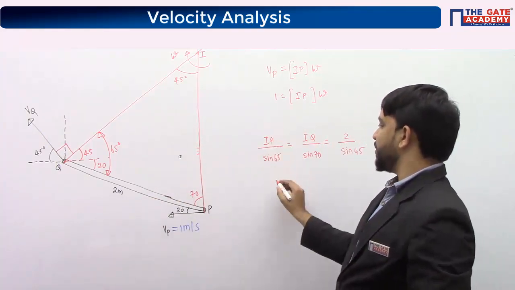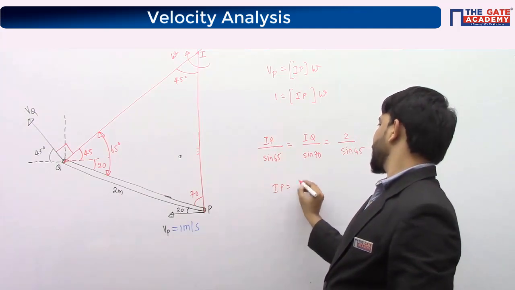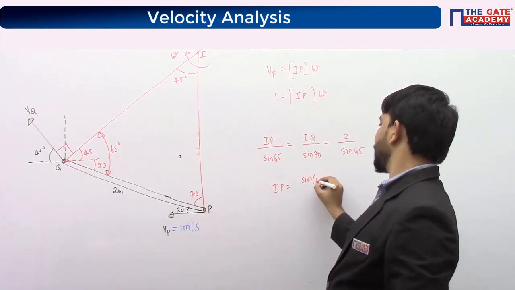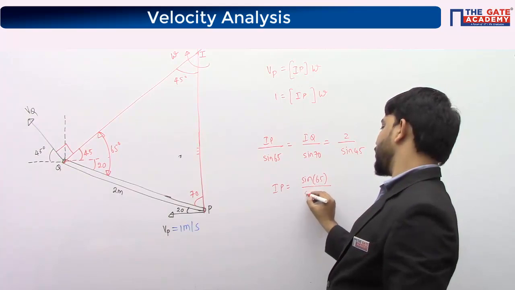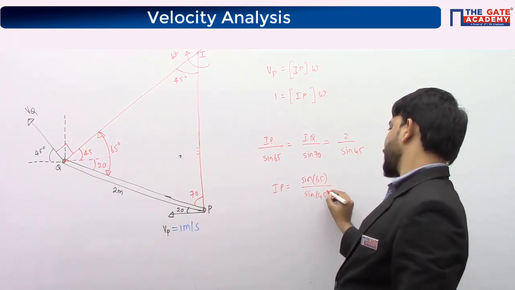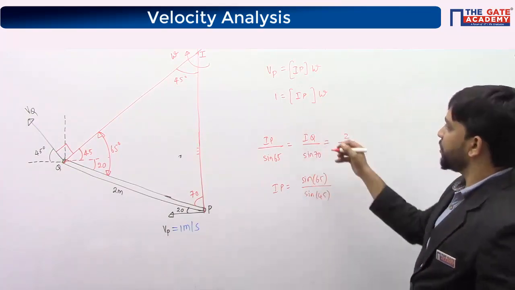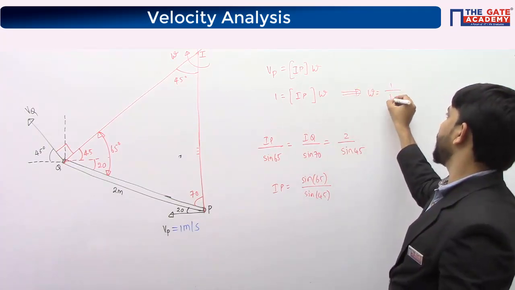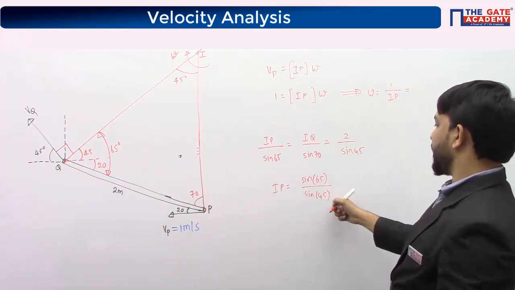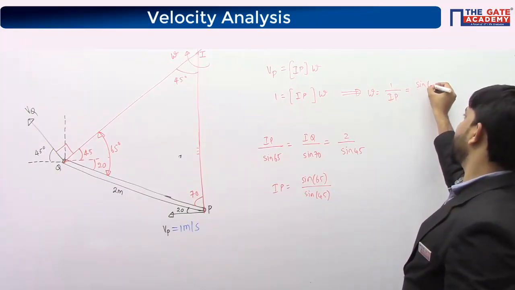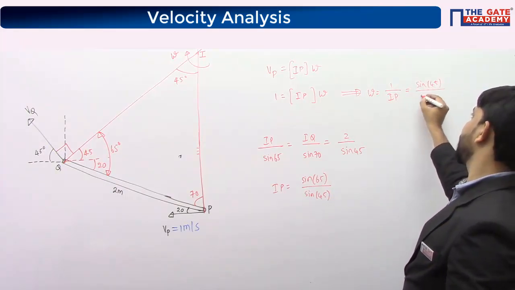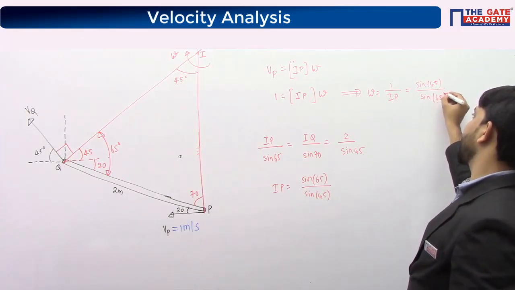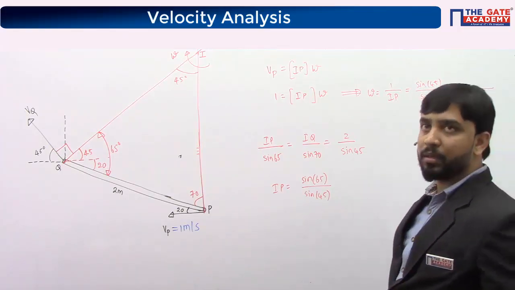So if you want to find out IP, it is 2 sine 65 divided by sine 45. This is IP. So from here you can find out omega. Omega is 1 by IP. What is IP? This is sine 45 divided by sine 65. If I simplify this, you will get omega.